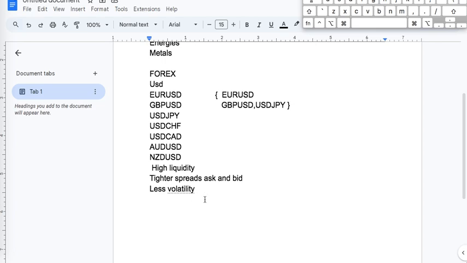Less volatility is preferable. These currency pairs, the Euro USD, GBP USD, USD JPY, are less volatile compared to the exotic pairs.